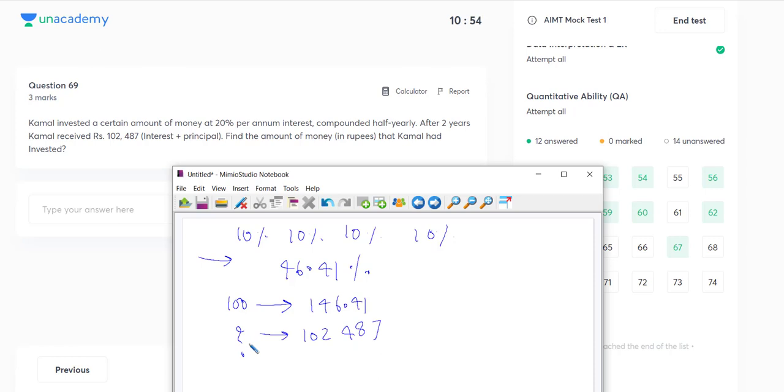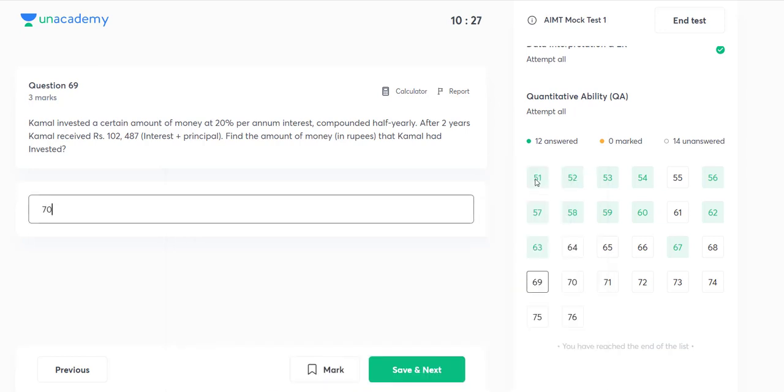So what I need to do is 102,487 into 100 divided by 146.41. So the amount invested is 70,000 if you do cross multiplication. So let's type 70,000 here.